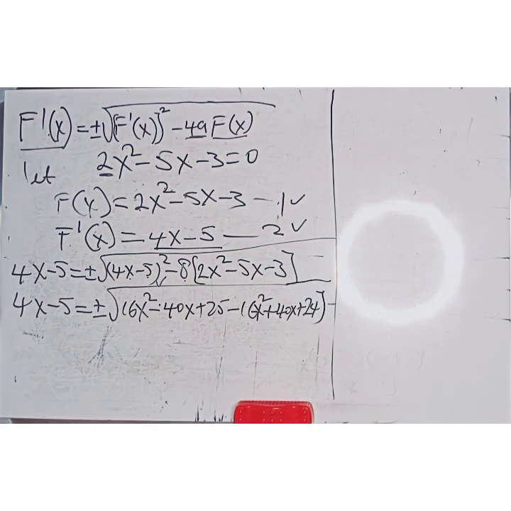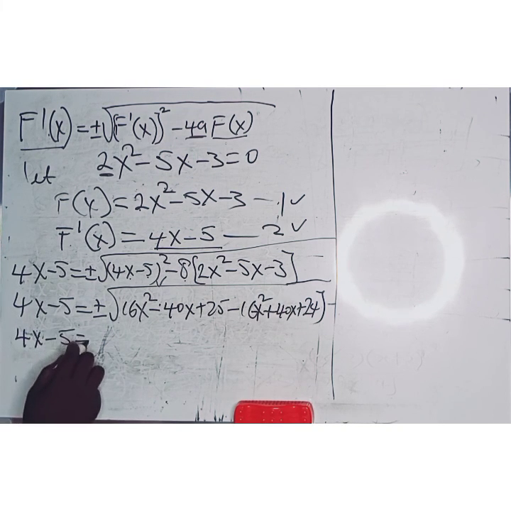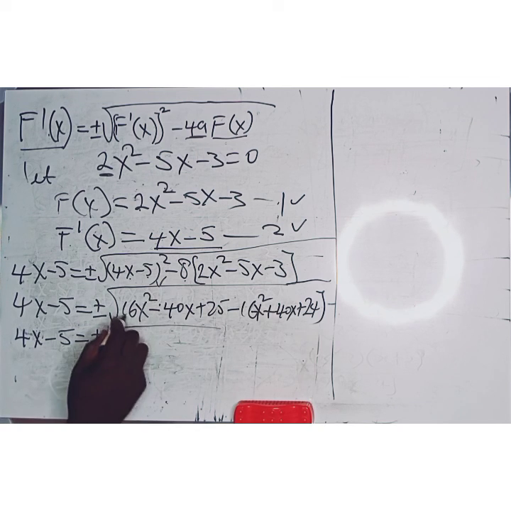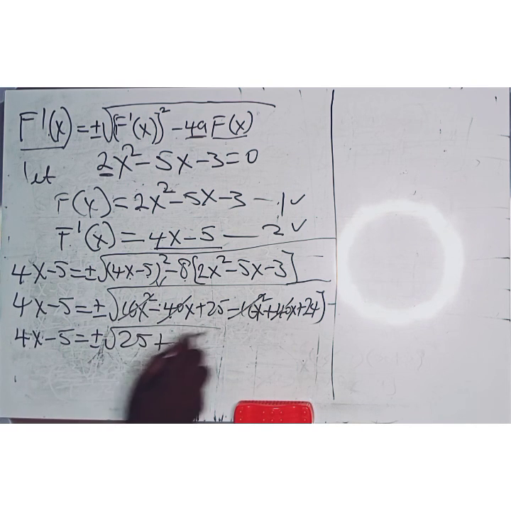Alright, 24. Now I collect like terms from the expression inside the square root. 16x squared and 16x squared cancel out. Minus 40x and plus 40x go out. I'm left with 25 plus 24.